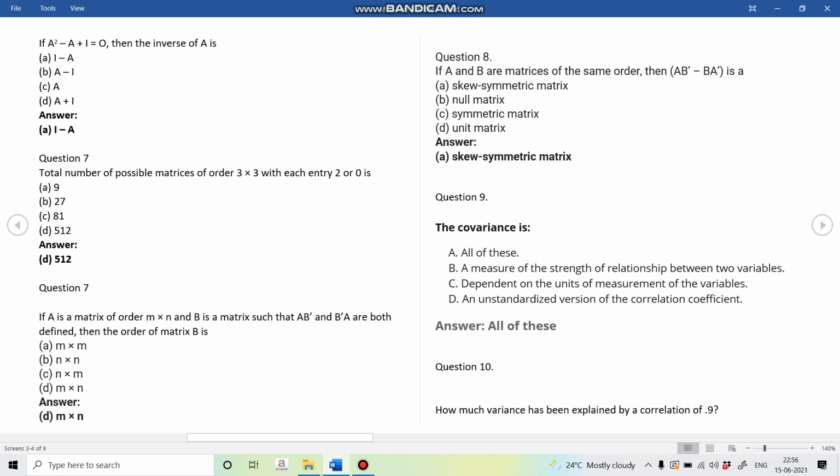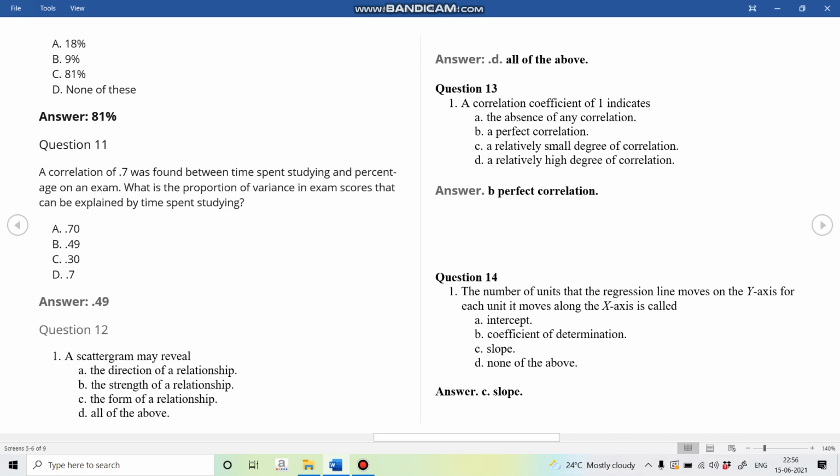Question number 10. How much variance has been explained by a correlation of 9? So the answer is 81. Sorry, 81, 9 square is 81.